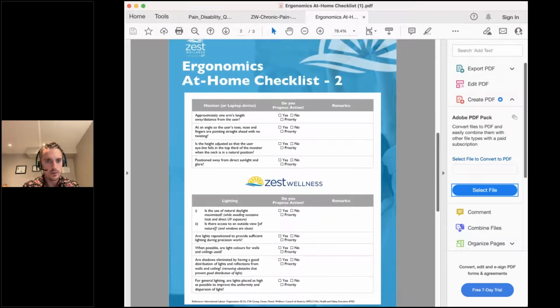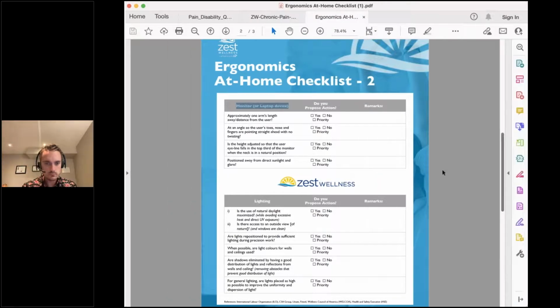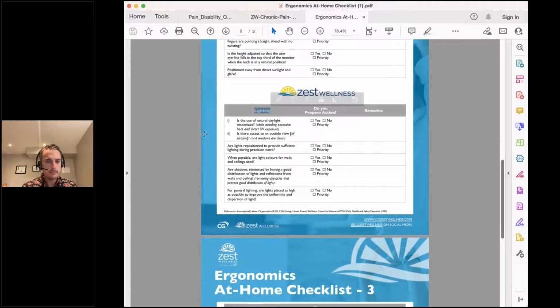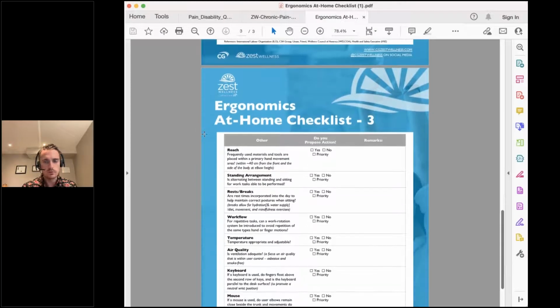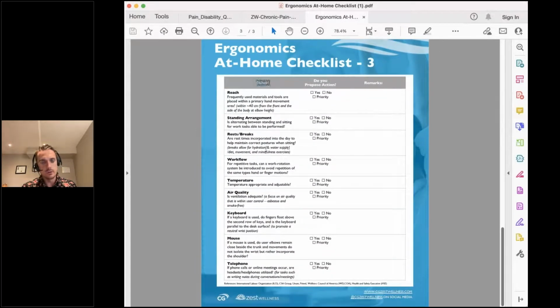Continuing on to the second page, it asks you about your monitor, or if you're using a laptop device. It asks you about lighting in terms of ergonomics. So very much dealing with your workstation. And then the third page, this section is called Other, and it's all about, okay, if you're reaching at any point during the day, if you have a standing arrangement.